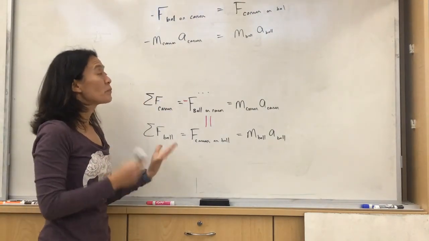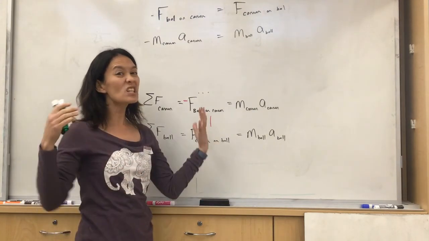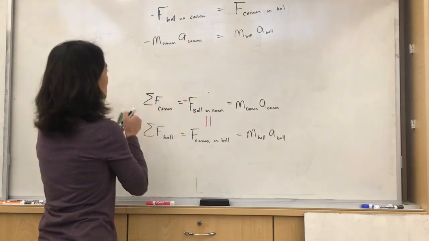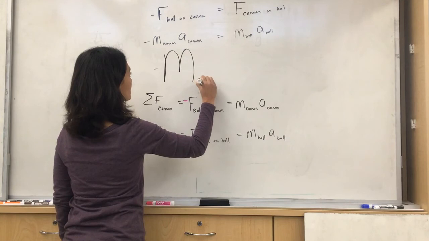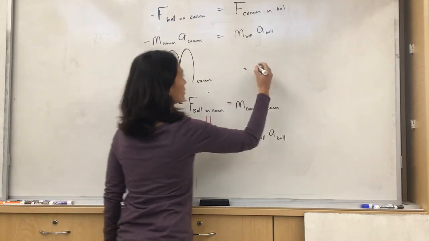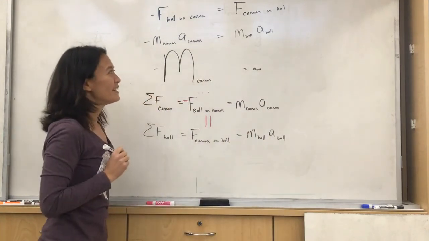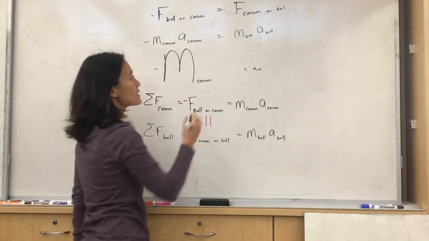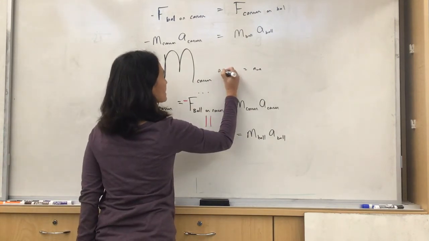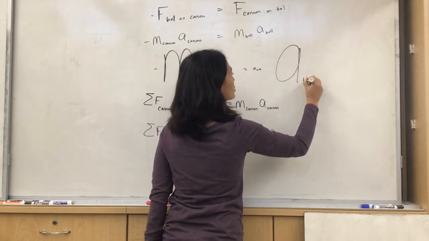Now, let's compare the mass of the cannon to the mass of the ball. The mass of the cannon is huge. It's massive. I'm going to exaggerate this. There's my cannon, my ball. The products have to be equal, though. So that means that the acceleration of my cannon is tiny and the acceleration of my ball is huge.